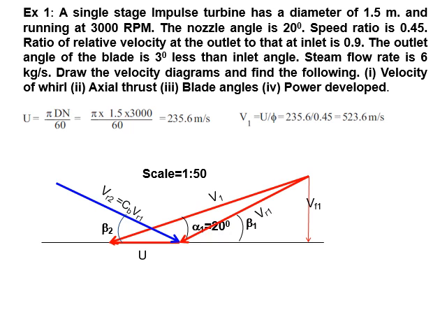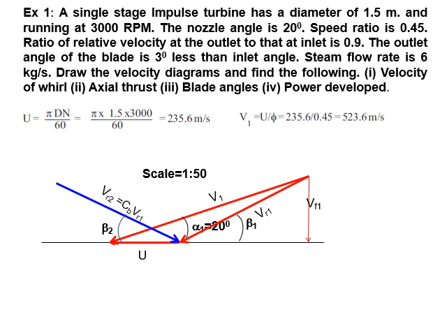Now we have the value of VR1 from the inlet velocity triangle, and we know the value of Cb, that is 0.9. So by using that relation we can find the value of VR2: VR2 is equal to Cb into VR1. Calculate that VR2 value, take a scale for that velocity, and mark it on the beta 2 angle line.